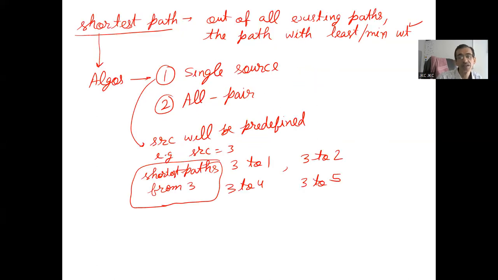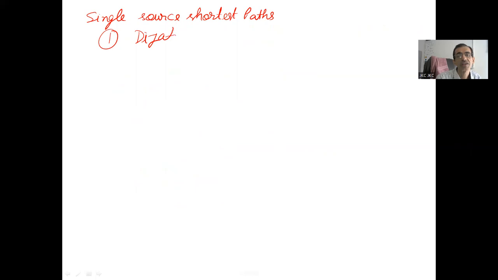So going further, I want to go with single source shortest paths. We will be proceeding one by one, and there are many algorithms available. To start with, we will use Dijkstra's algorithm. It is named Dijkstra, and the J is silent in speaking.